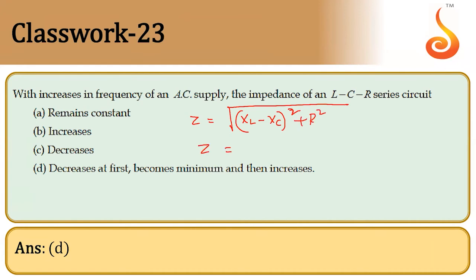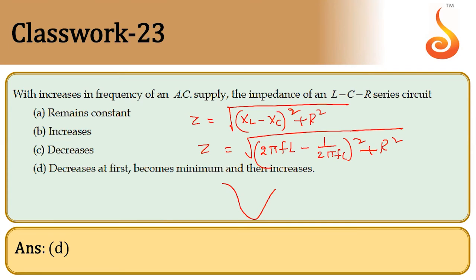Z is equal to root of (2 pi FL minus 1 by 2 pi FC) whole square plus R square. So when you have such a function, it decreases and then increases. It becomes minimum and then increases. So option D. Next.